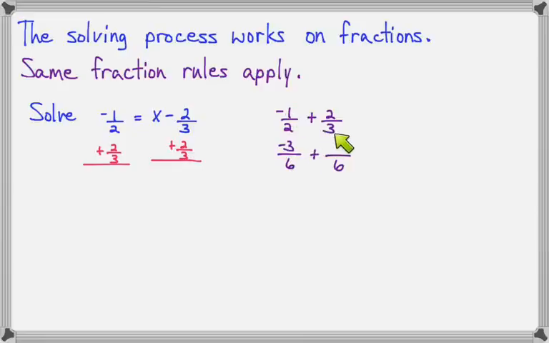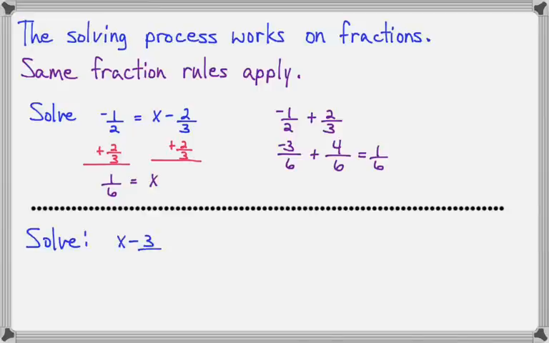On this one, to change the 3 into a 6, I had to multiply by 2. So if I multiply the top and the bottom both by 2, I get 4. Alright, now, negative 3 plus 4 gives you 1. So this is 1/6. So now I'm going to come back over here and say that 1/6 equals x.